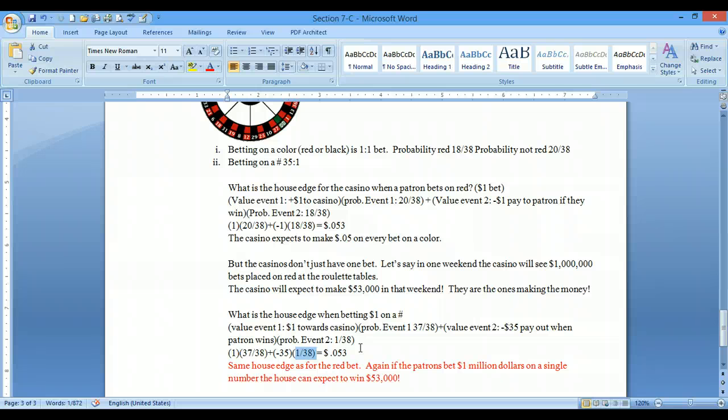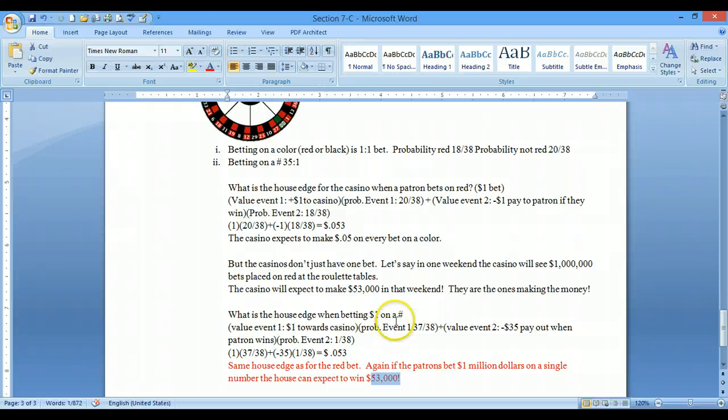Gives us 5 cents, a little over 5 cents per dollar. Same house edge. Which means, again, if the patrons bet about $1 million in one single weekend on just a number alone, and it doesn't matter any of the numbers, they can expect to win yet another $53,000 on the roulette tables with just that kind of bet.